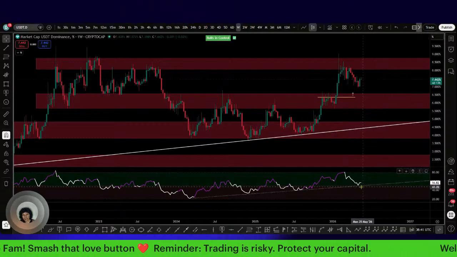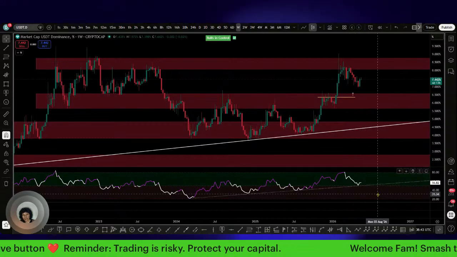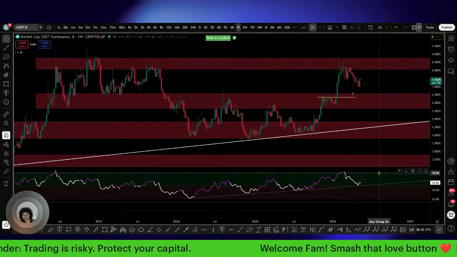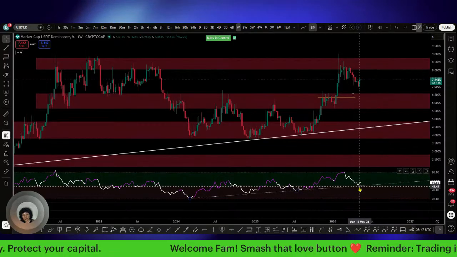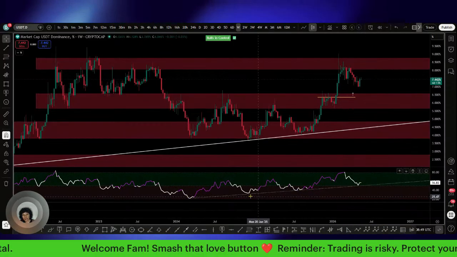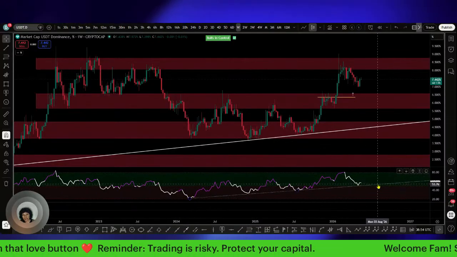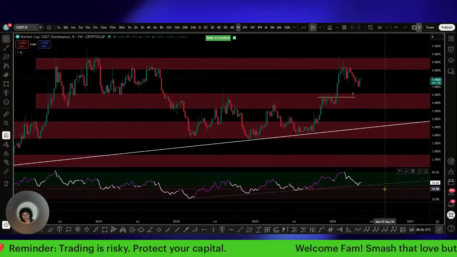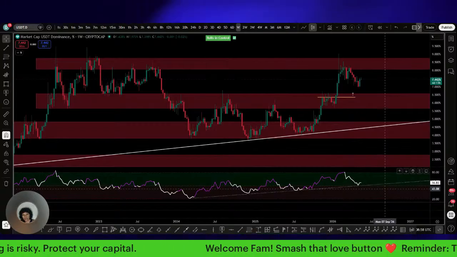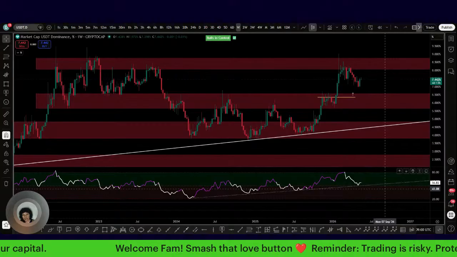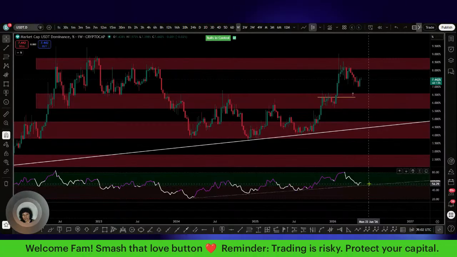Because something like this, you're obviously looking for it to break down, right? You're going to get your bounces, your momentum bounces to take place through here. But at some point, you're going to be looking for this to break down because it's ascending. An upside down W means dump on USDT DOM.